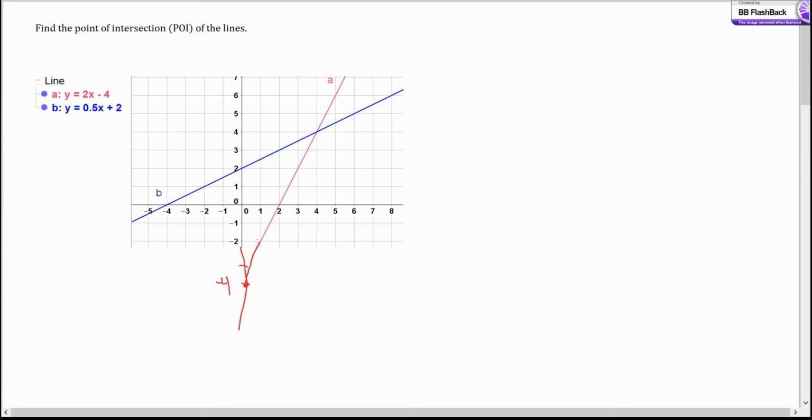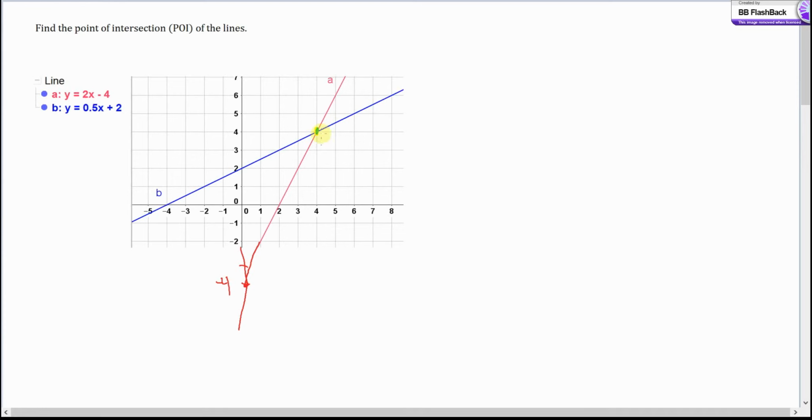So this question asks us, what's the point of intersection between line A and line B? Y equals 2x minus 4, and y equals 0.5x plus 2. So we just follow the lines with our eye until we find the point of intersection. And once we have that, we need to figure out what this point is.